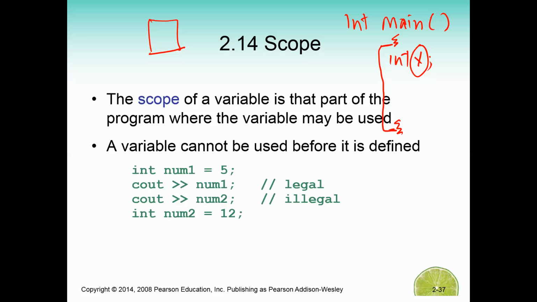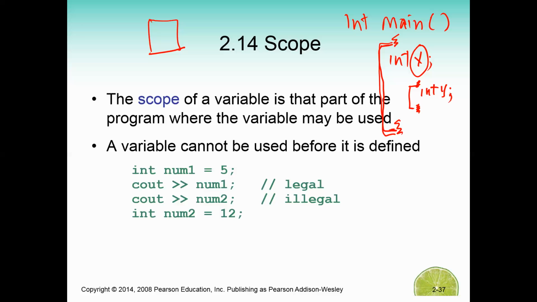If later on we're going to be using inner curly braces or another block, and I put here int y, y will only live right here. So we need to remember that. For right now, because we're only using one set of curly braces, our variables are going to be within this program, within this block.